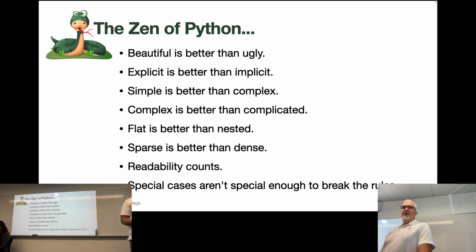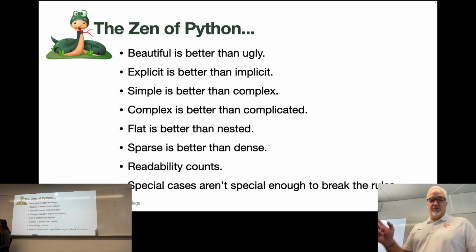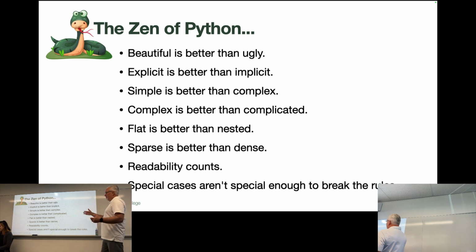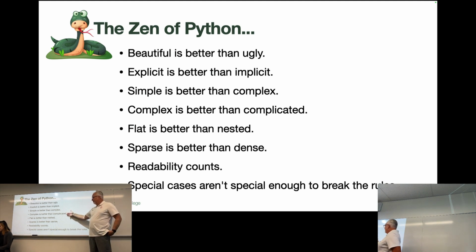If you don't make your code readable, I guarantee you that will happen. It's happened to me a million times where I walked away and I have to stare at my code and think, okay, what was it that I was doing here? Sometimes I make little notes to myself in the comments, which is valid, by the way. But things like simple is better than complex, complex is better than complicated, flat is better than nested.